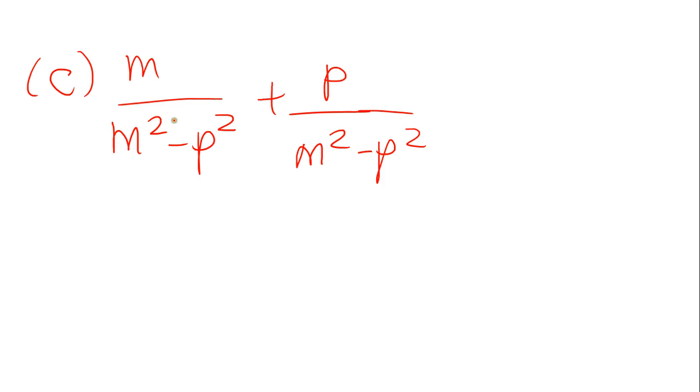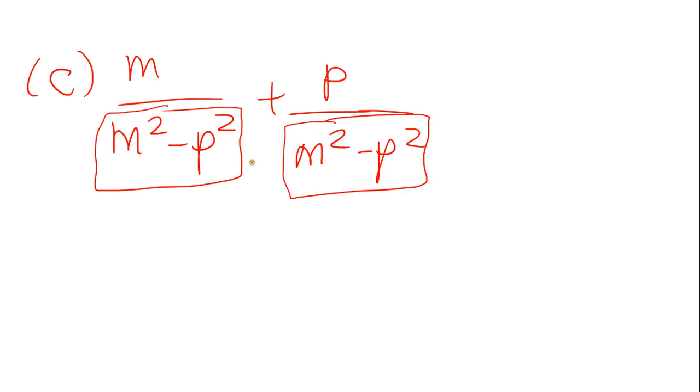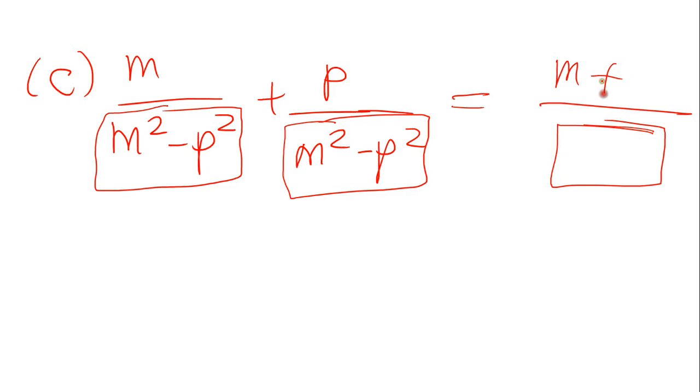We have the denominator m squared minus p squared, and really we don't even need to worry about what it is. As long as they're the same, we'll just treat it as some box. They have the same denominator, so it's going to be m plus p over whatever that denominator was.